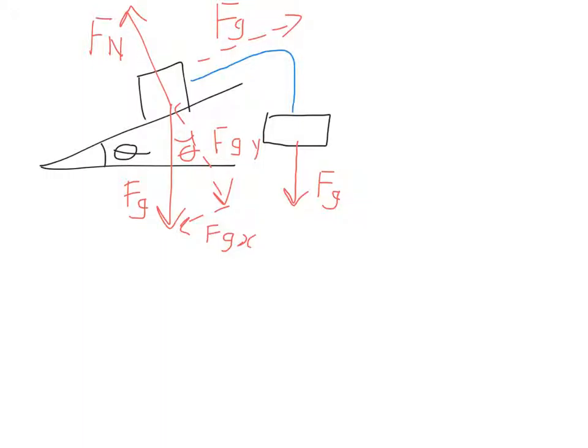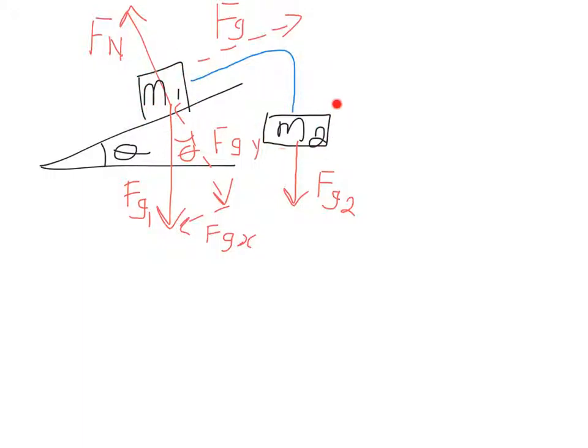Now, the only other issue that we've got is that we have two Fg's labeled. And so we'll try to specify them: this is Fg1 and this is Fg2, meaning that this is mass 1 and mass 2. Now keep in mind, this is not our system.